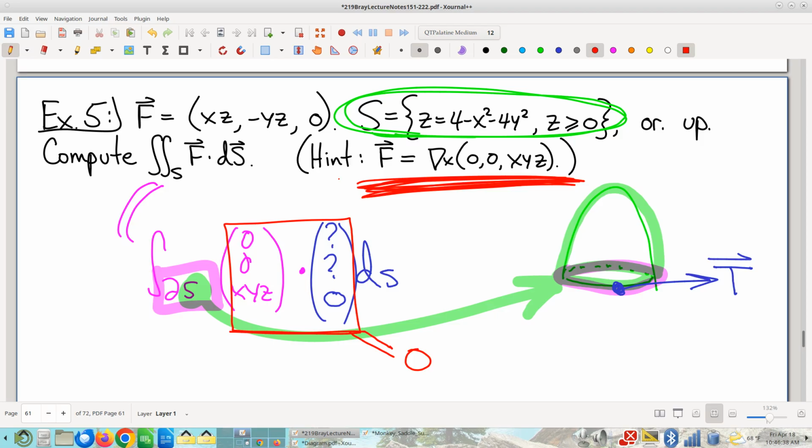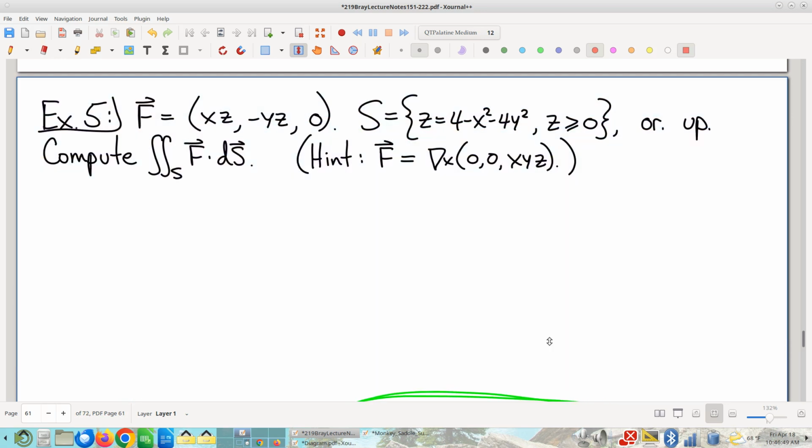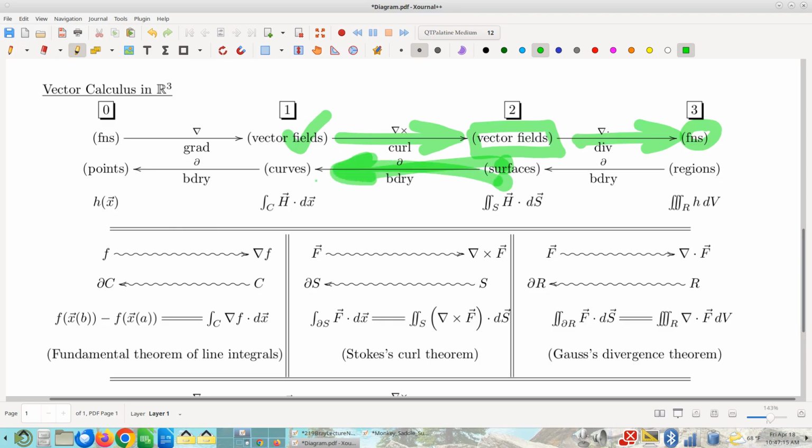Okay, so let's talk about that other solution now. Another perfectly good solution, arguably better, depending on how you choose to think about it. And that is, again, looking at this hint, it says right here our vector field is a curl. Going back to the diagram, the vector field that we're interested in, we're given that it is a curl of something, and it immediately follows, not only that the divergence is 0, it also immediately follows that it is surface independent per our usual.